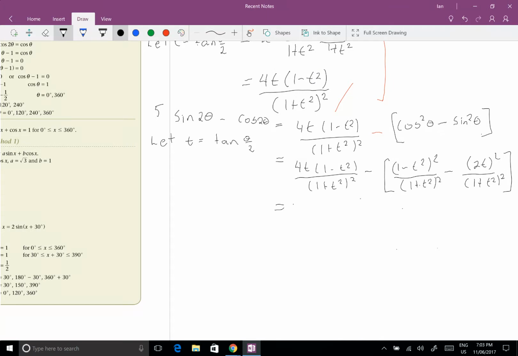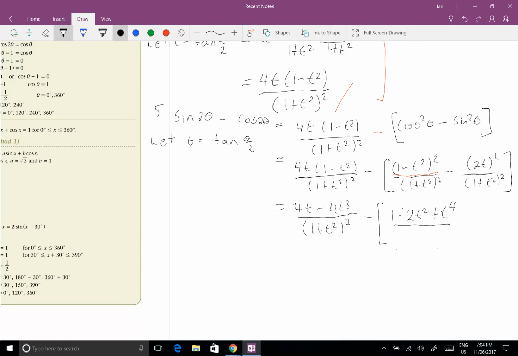So let's expand this. 4t minus 4t cubed on 1 plus t squared all squared minus, okay, now let's expand this bit here. So that's a perfect square, so it's 1 squared minus 2 times 1 times t squared plus t to the 4.